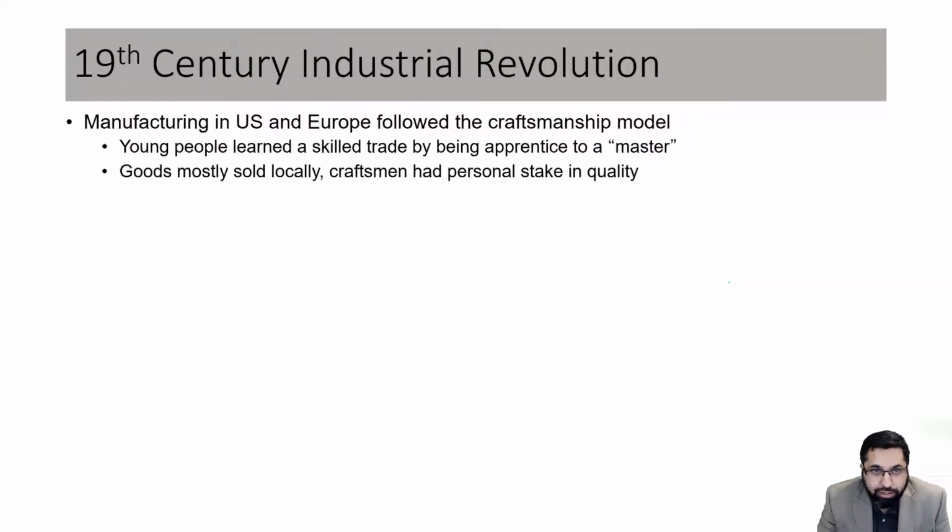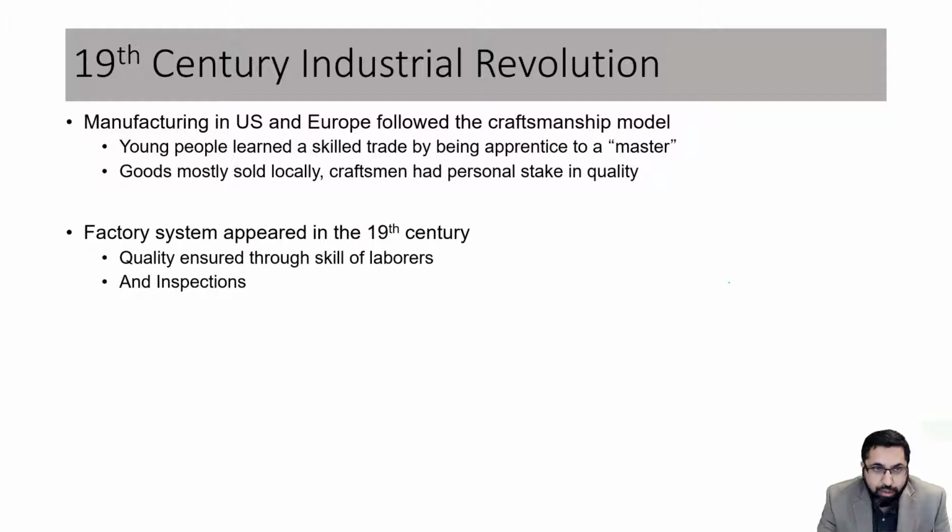In the 19th century, with the Industrial Revolution, manufacturing replaced the craftsmanship model. Young people learned a skilled trade by being apprentice to a master. Goods were mostly sold locally, and craftsmen had a personal stake in quality, because if their quality was low, people wouldn't come to them.